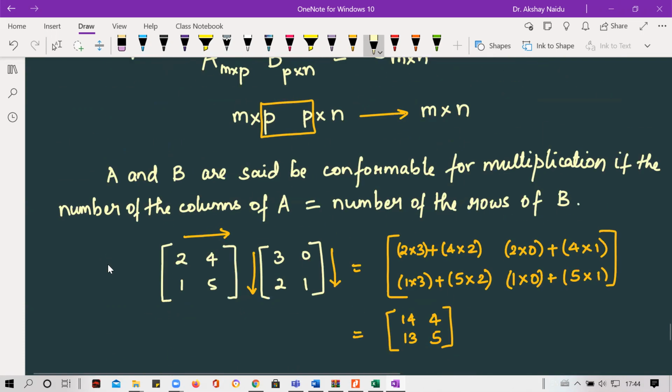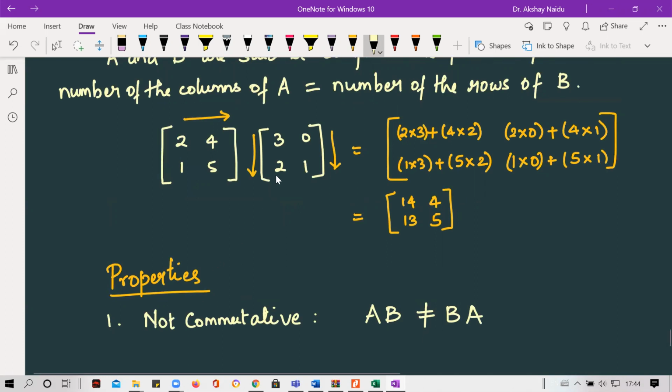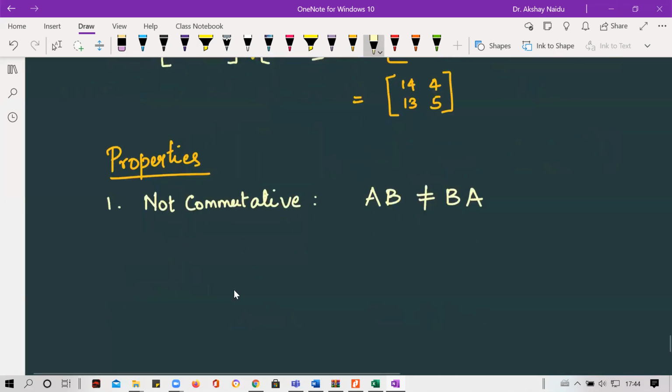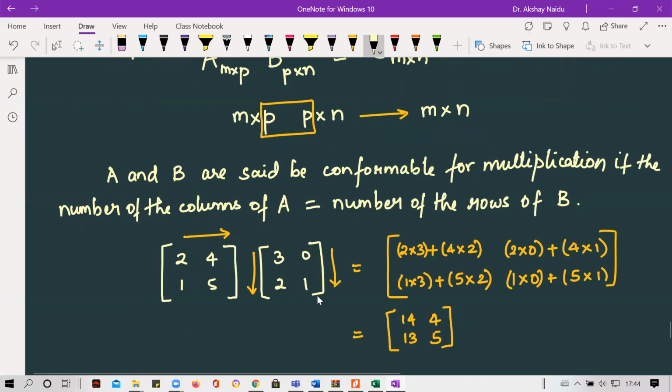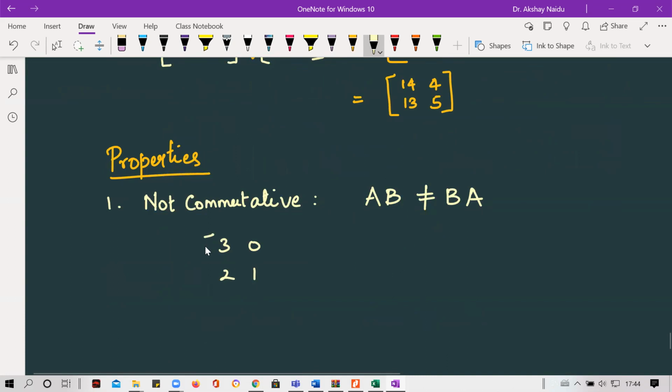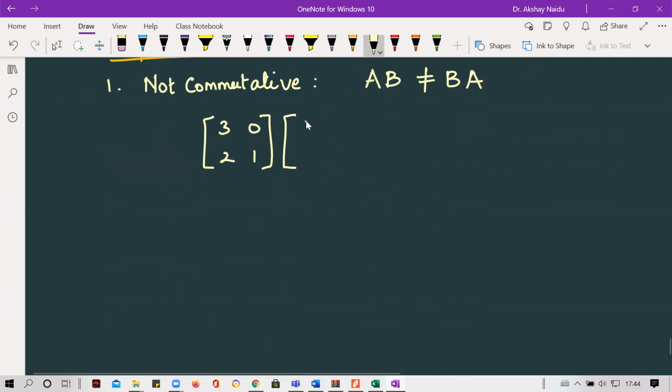In fact, we do the other way around. We do this multiplication here. Just now we did AB, now we do BA. 3, 0, 2, 1 multiplied with 2, 4, 1, 5. The product is 3 into 2, 6 plus 0, 6. 3 into 4, 12 plus 0, 12.